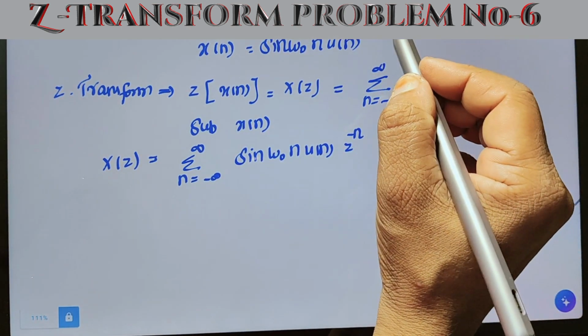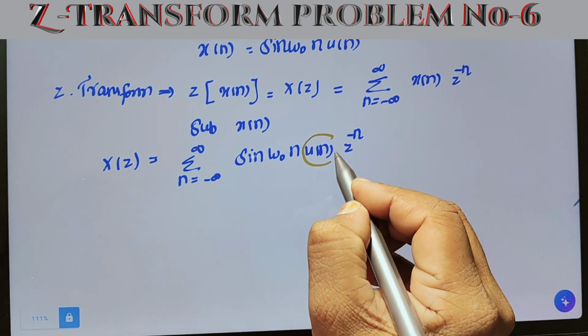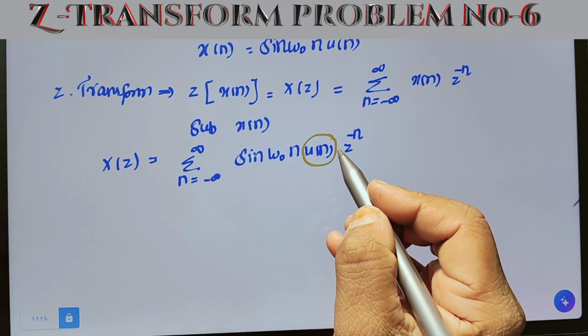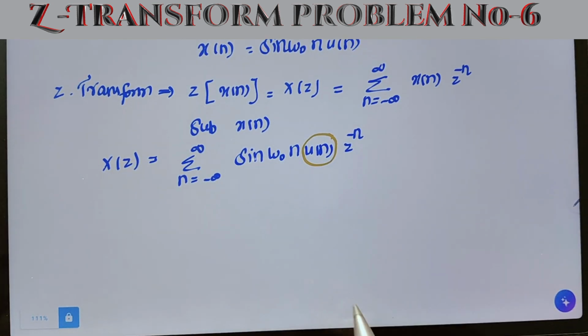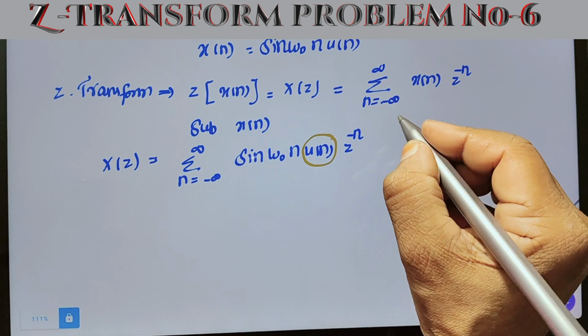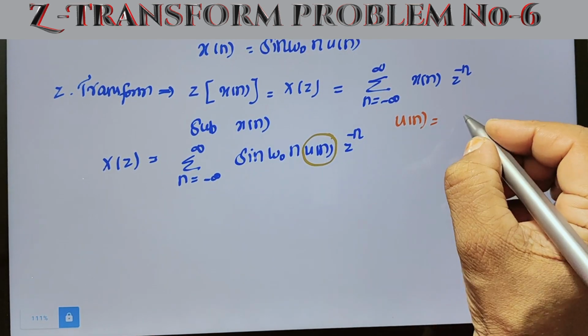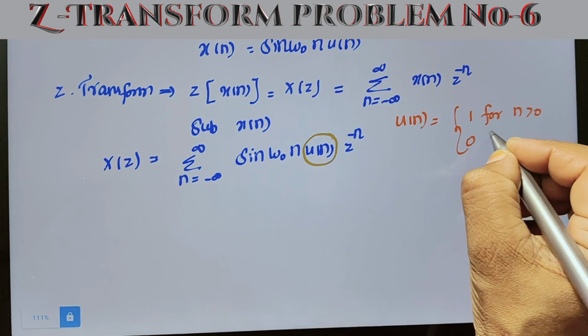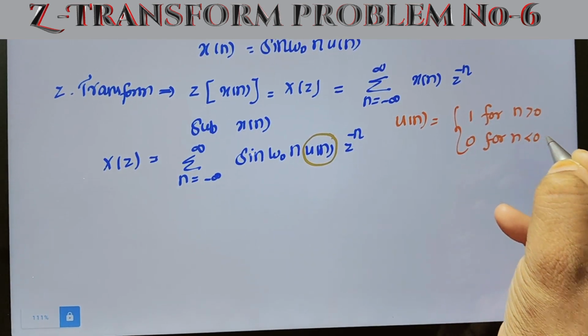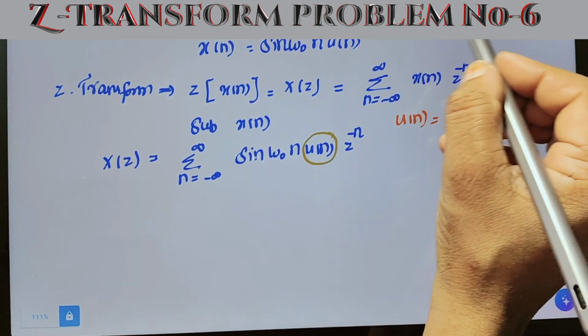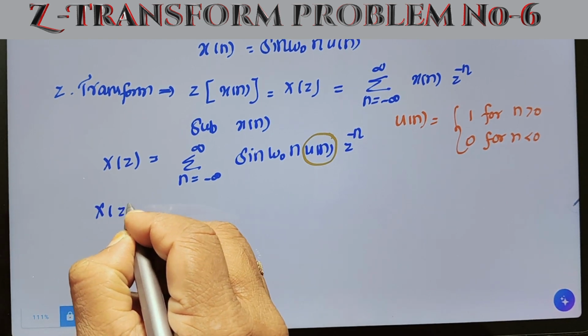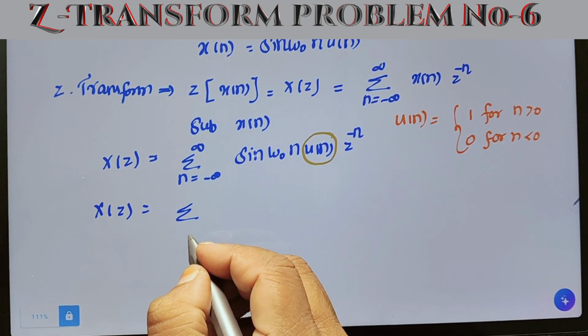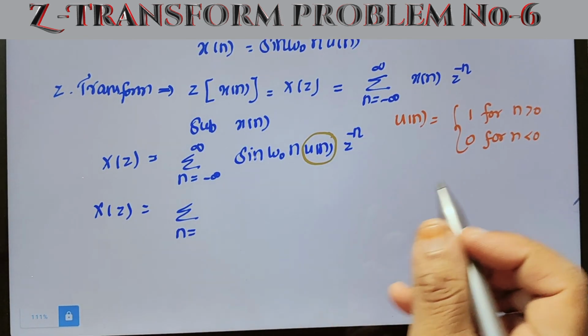Here this u of n is only used for the limit purpose. Once the limit is applied, there is no need to write the u of n term. We know u of n is 1 for n greater than 0 and 0 for n less than 0. The next line, X of z equal to summation, here the limit changes.